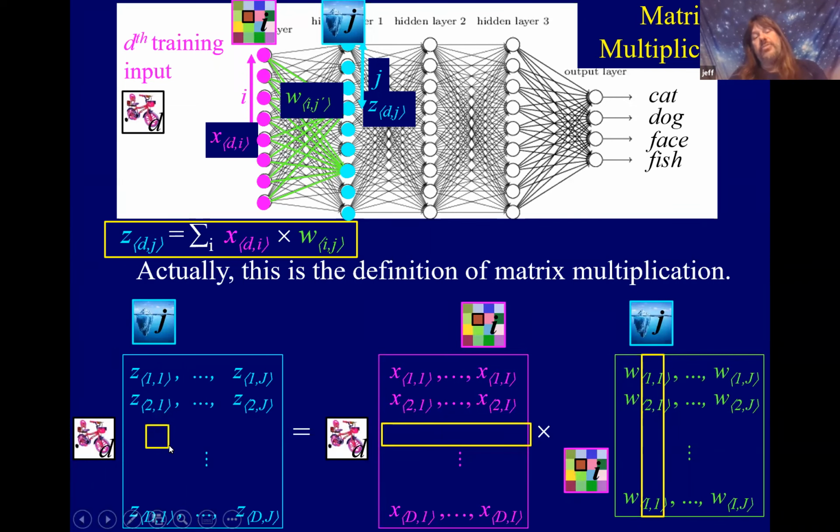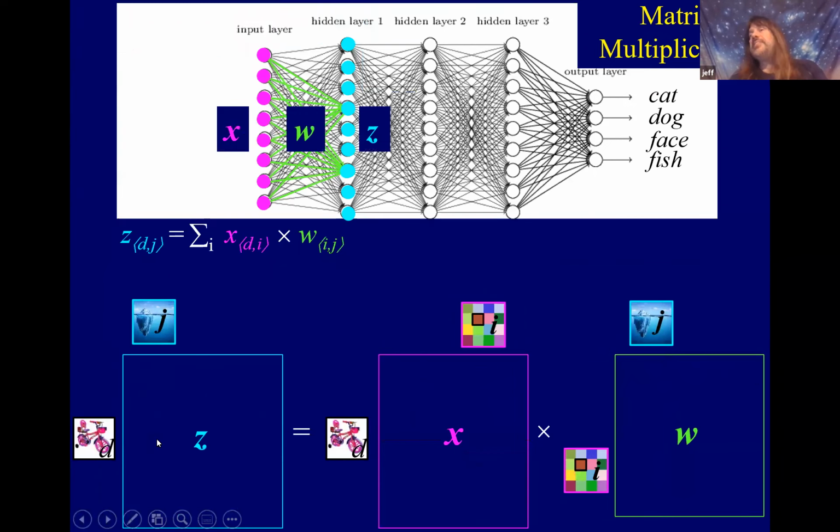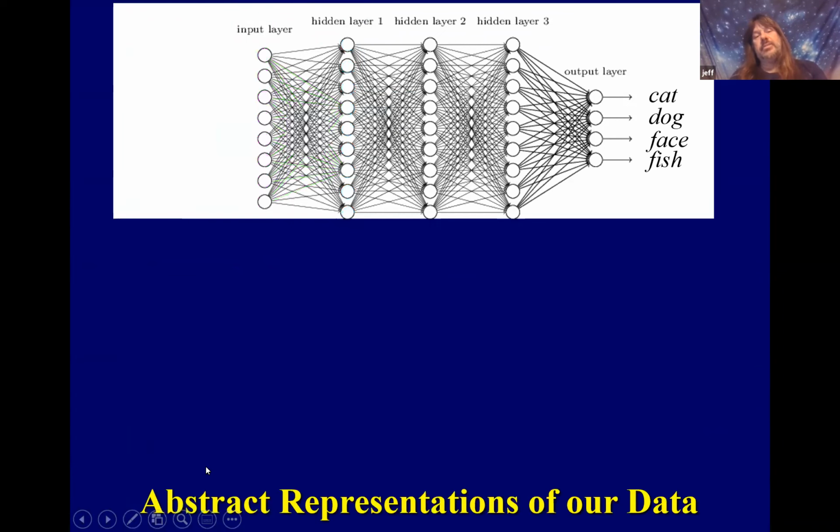If you remember from high school, how do you compute a value of matrix multiplication? You look at the same row and the same column, and you do a dot product, and that gives you that value. So we have this matrix times this matrix giving me that matrix.